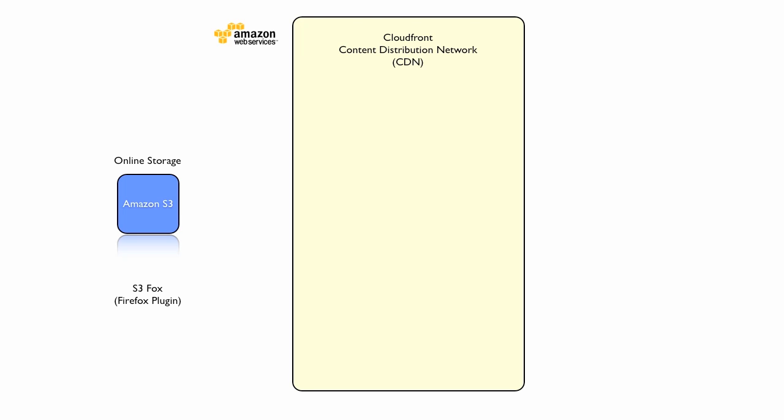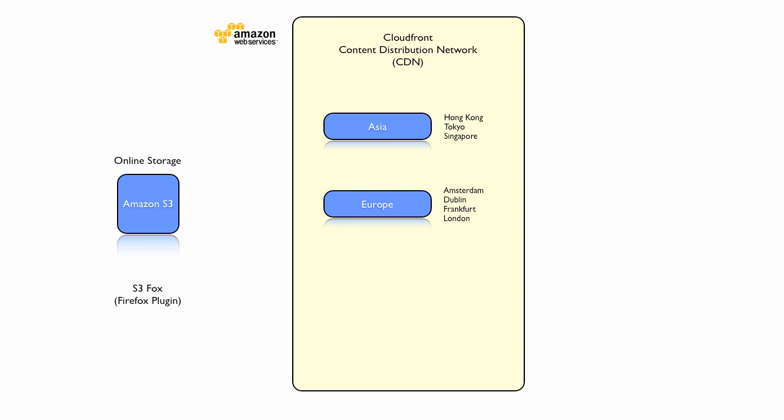What a content distribution network is, is it's got servers and services in a number of different places. For example, Cloudfront has servers in Asia, in Europe, and in North America. Cloudfront ties into Amazon S3. Amazon S3 is a single location, kind of like a storage service or cloud.